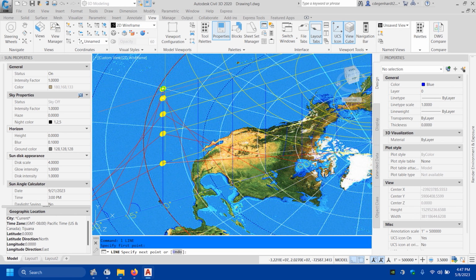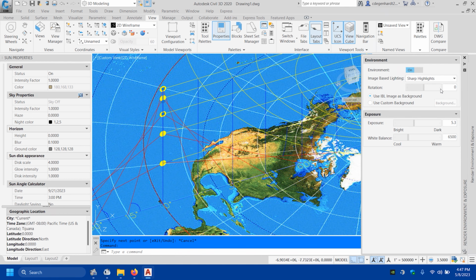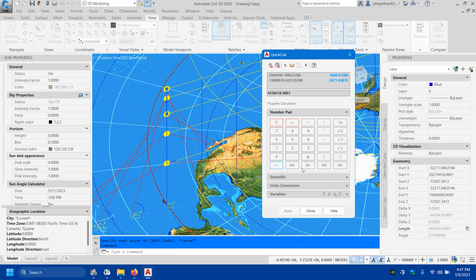So from here to here, that would be divided by 52. Still 1,000 feet.